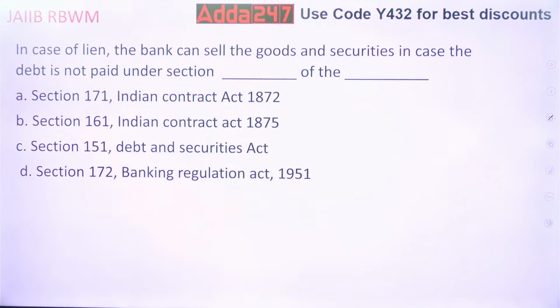In case of lien, bank can sell the goods and securities in case the debt is not paid under section dash of the dash. Now, very difficult one. This is a difficult one. Bank can sell under what?